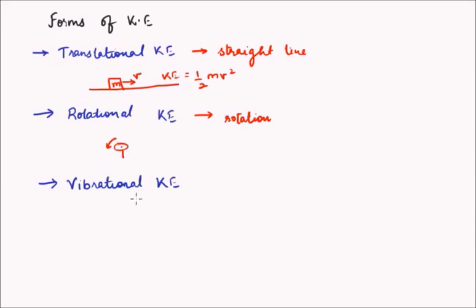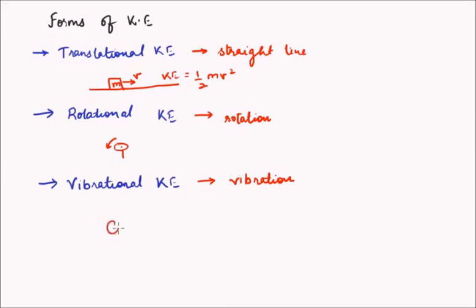And the third form of kinetic energy is called vibrational kinetic energy, which is due to vibration in a body. Say there are two masses which are vibrating in to and fro motion about a mean position. Then the energy possessed by it is called the vibrational kinetic energy.